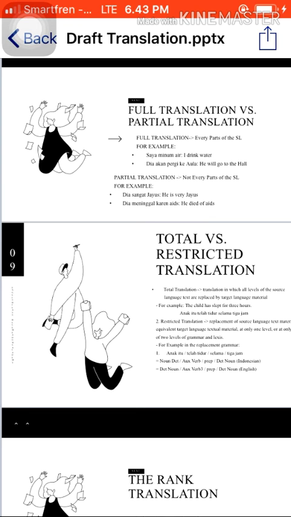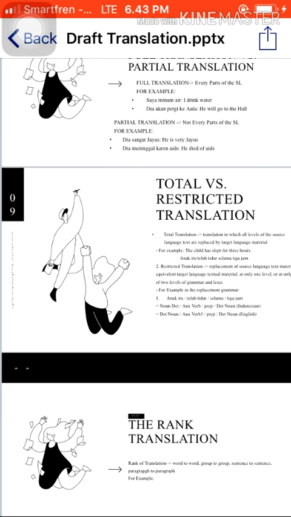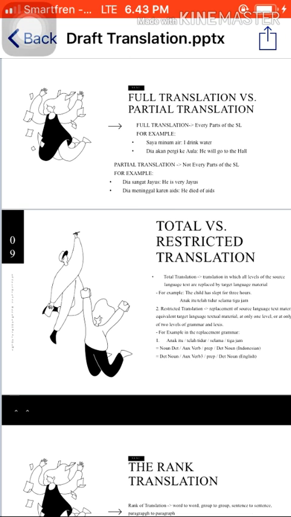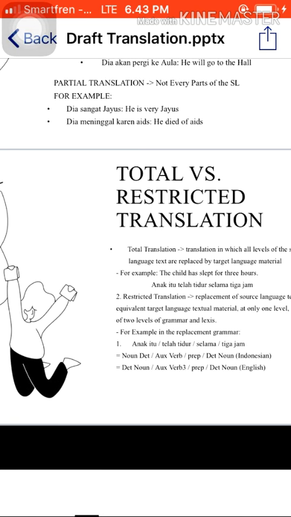For example, you can see in this PowerPoint, the child has slept for 3 hours, Anak itu telah tidur selama 3 jam. But you can consider the difference between the example in total translation and restricted translation.